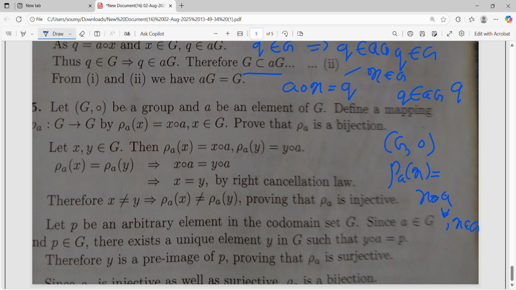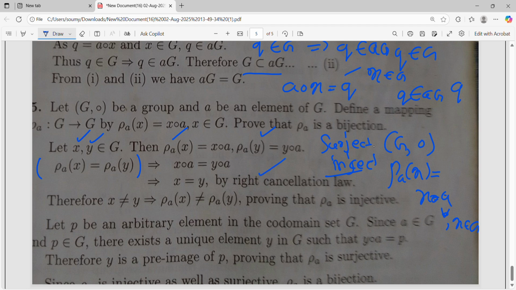Now to show this mapping is a bijection, we have to prove that this mapping is both surjective and injective. To do that, first we try to prove that this mapping is injective. So taking two elements x and y belongs to G, rho a of x will be x compose a, and rho a of y is y compose a. Now if rho a of x equals rho a of y, this implies x compose a equals y compose a.